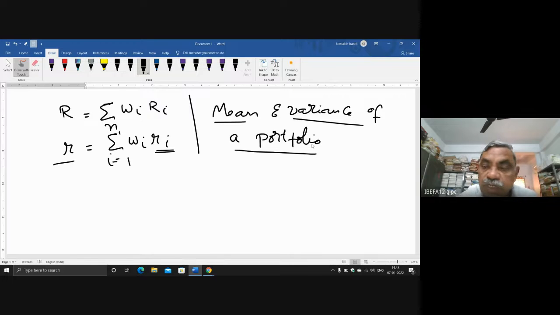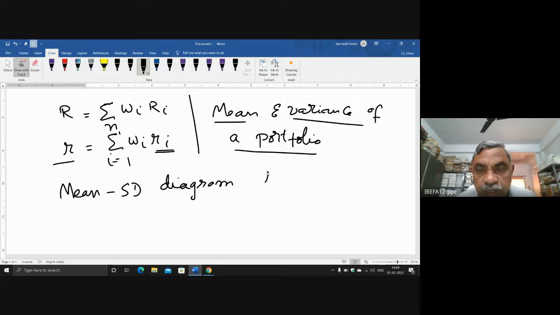So the most important thing in our present context is the mean standard deviation diagram. What is the meaning of this? Suppose mean is R bar. Let R bar be the mean of the portfolio, and let sigma be the standard deviation of the portfolio.